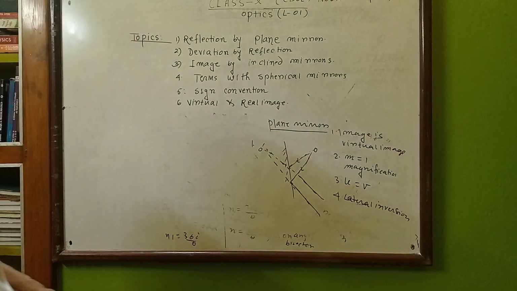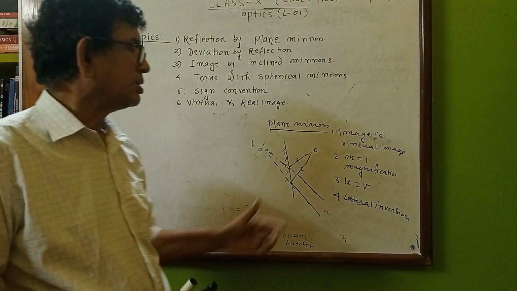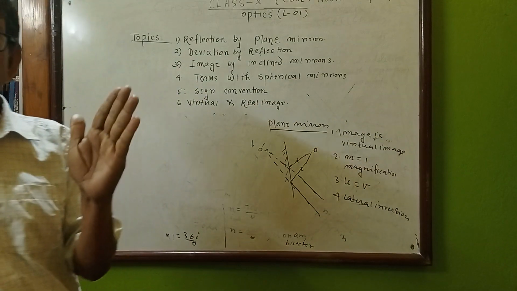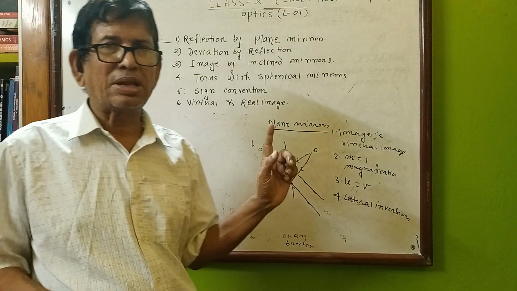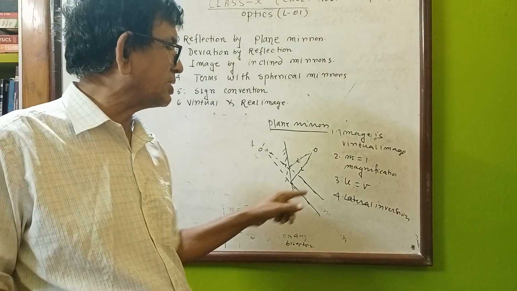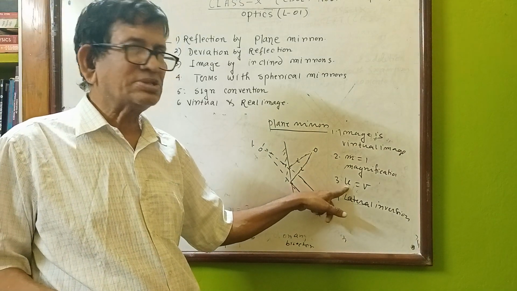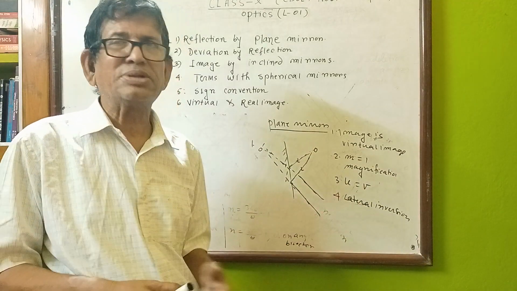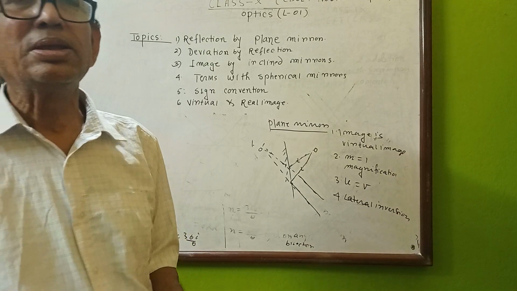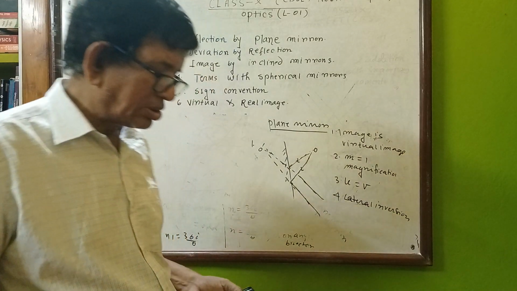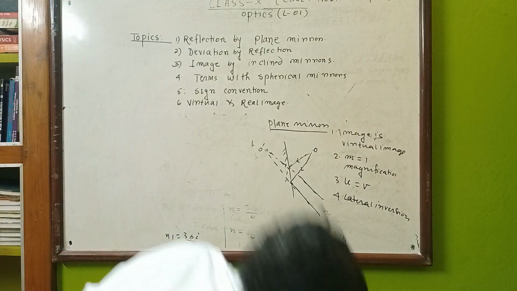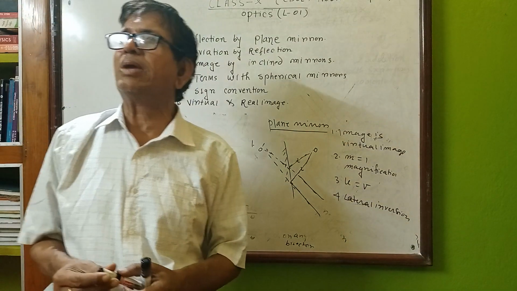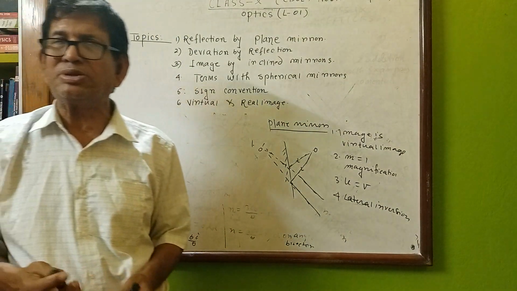Now, in the case of a plane mirror, the image is virtual, magnification 1, size of the image equal to size of the object, cannot be caught on the screen, virtual image, object distance equal to image distance, and lateral inversion. What is lateral inversion? If you look at the plane mirror, your left hand will appear as a right hand.